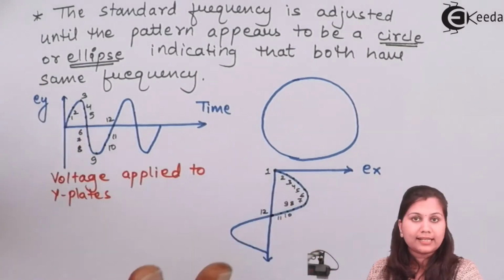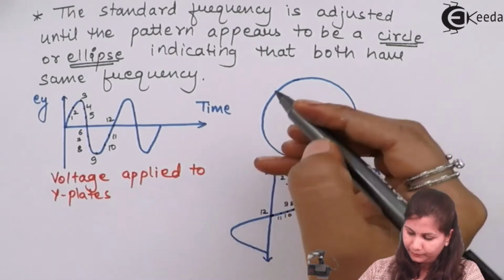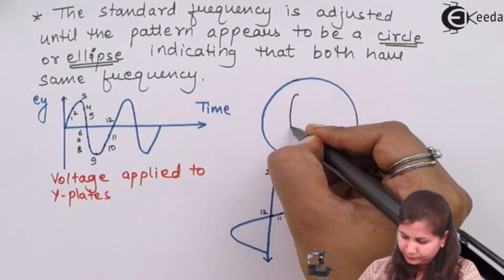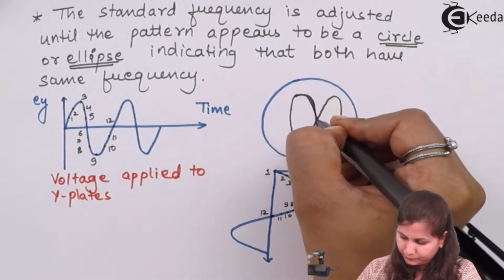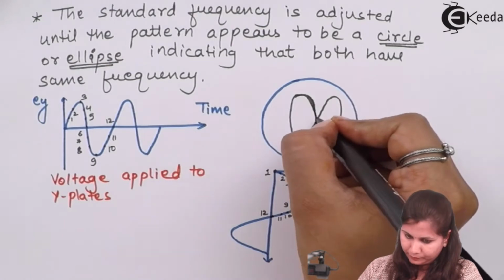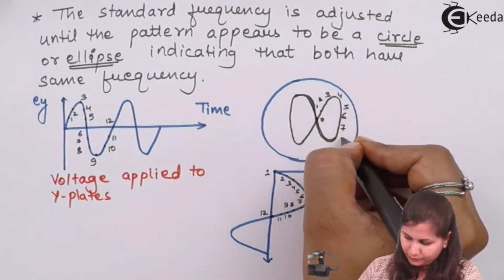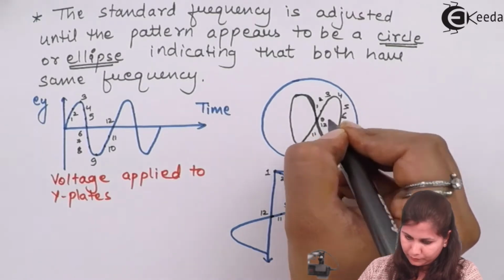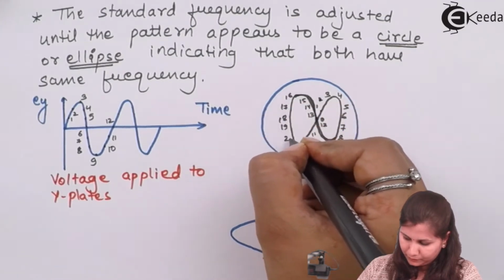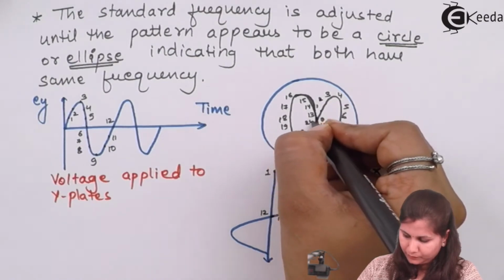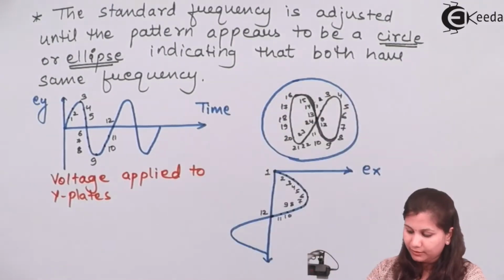Now when these two signals are simultaneously applied as an input to the CRO, we will get a Lissajous pattern on the CRT screen.